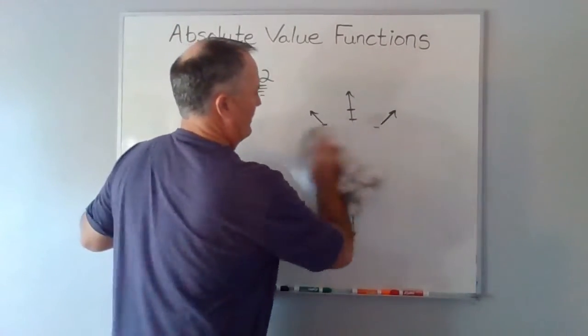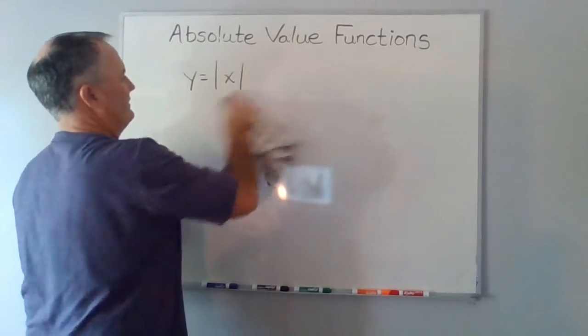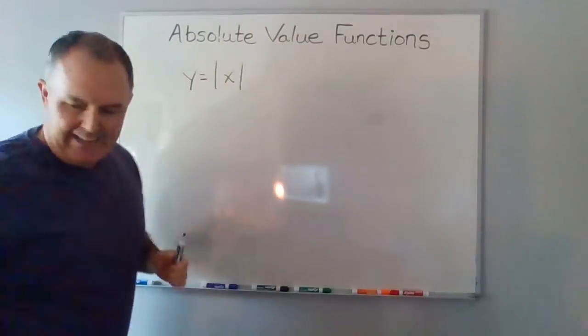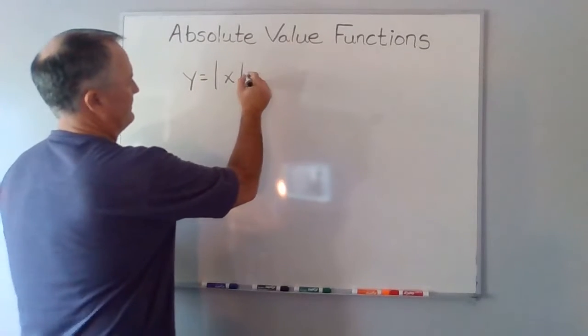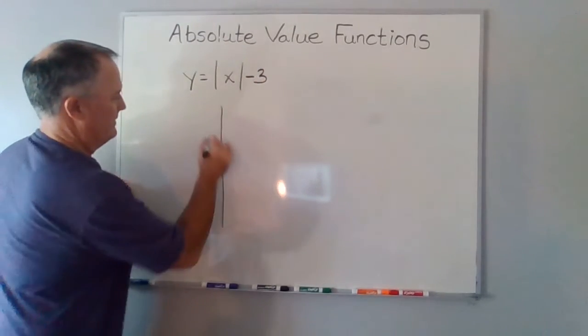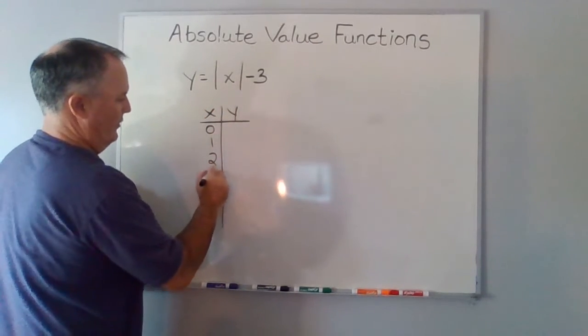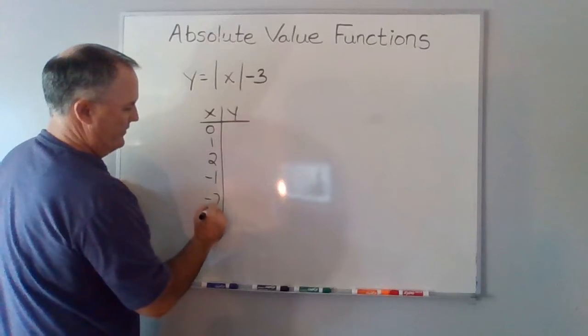All right, let's do a -1. Just to show you how it can actually go down. Let's do -3. So again, I'll do my 0, 1, 2, -1, -2.